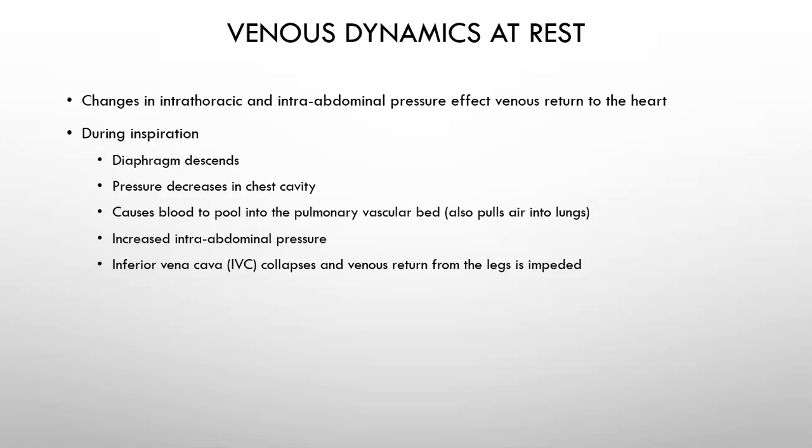Venous dynamics at rest. When you're at rest, during inspiration, the diaphragm descends and the pressure in the chest cavity decreases. This causes blood to pool in the pulmonary vascular bed, and it also acts to pull air into the lungs.